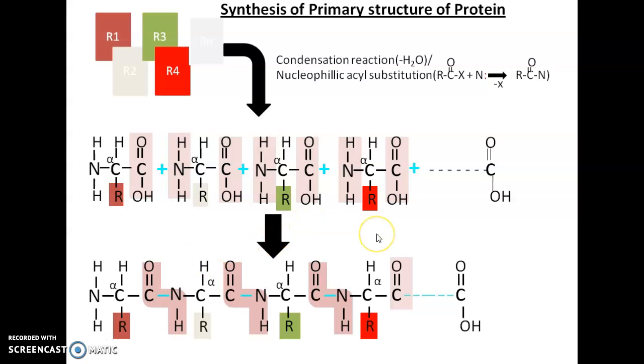This peptide bond also possesses a partial double bond character due to the lone pair of electrons present on nitrogen, and this lone pair of electrons of nitrogen creates a resonance effect in which the electrons are shared between carbonyl oxygen and amide nitrogen, thus creating a partial negative charge on oxygen and partial positive charge on nitrogen.